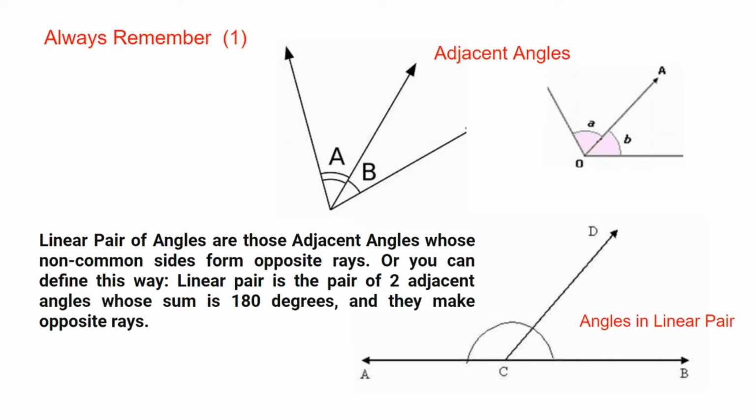We have studied about adjacent angles and angles in a linear pair. Now always remember this. Linear pair of angles are those adjacent angles whose non-common sides form opposite rays. Always remember, linear pair angles are adjacent to each other, but adjacent angles need not be a linear pair.